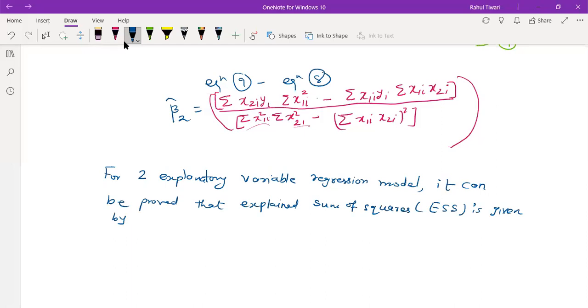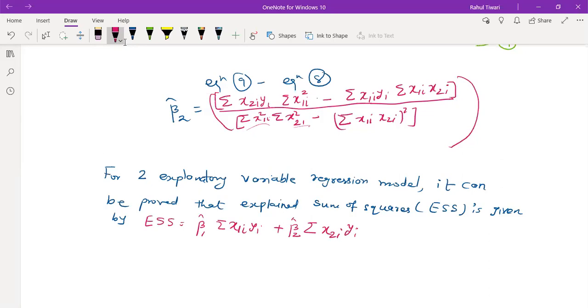so it can be proved that ESS is equal to beta 1 hat summation x1i yi plus beta 2 hat summation x2i yi.